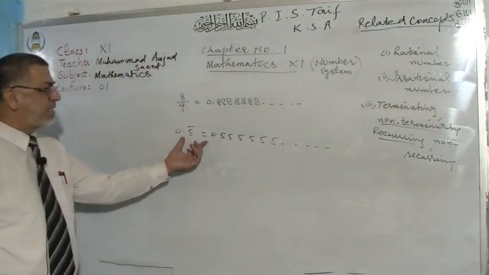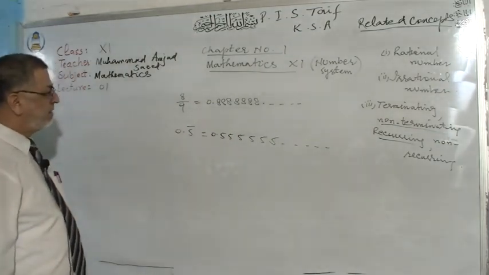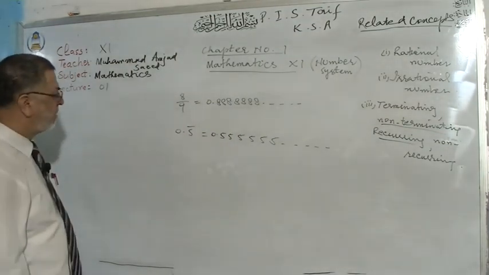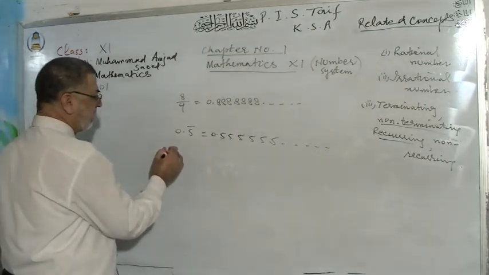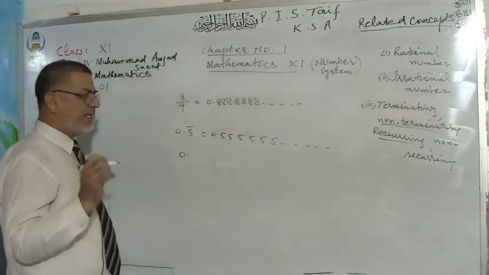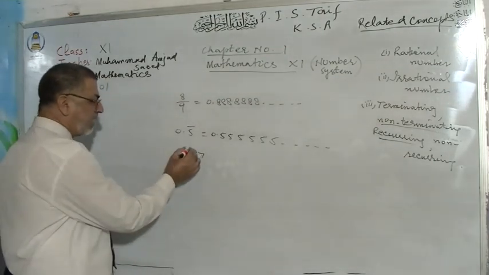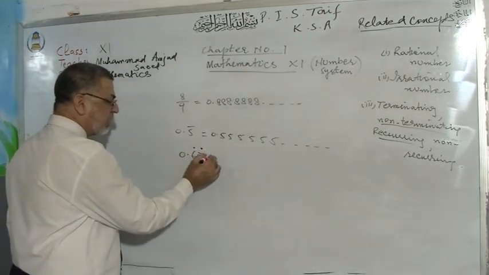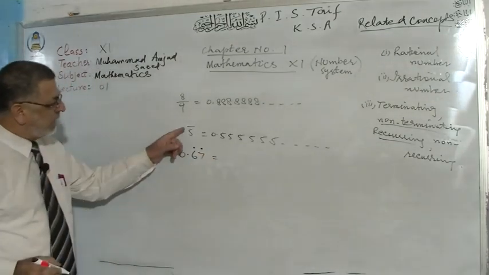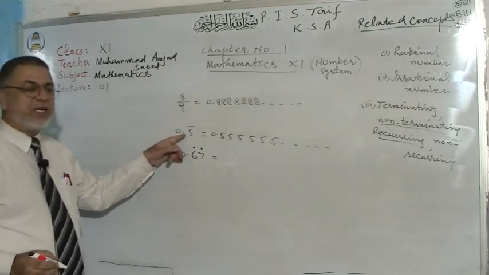This is known as a recurring decimal. Similarly, in your first year syllabus, for example, we have 0.67 bar or 0.67 with dots.